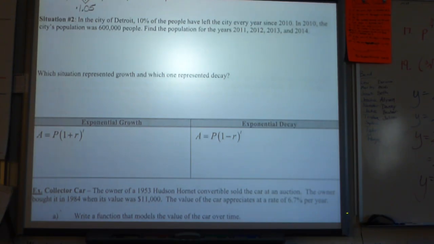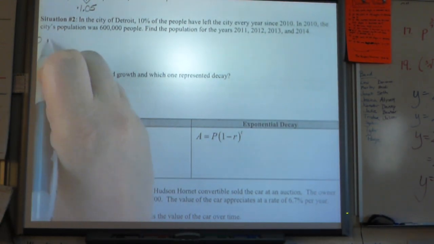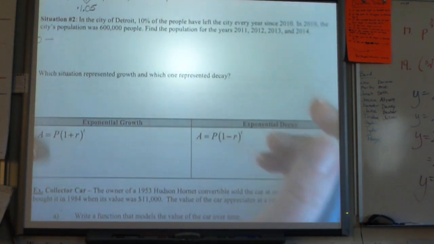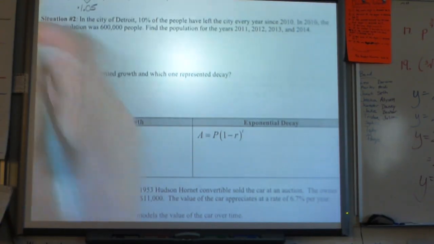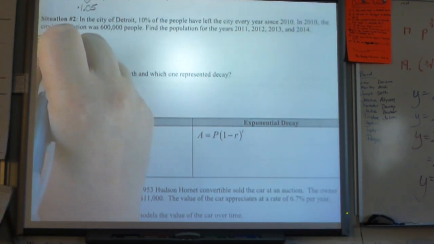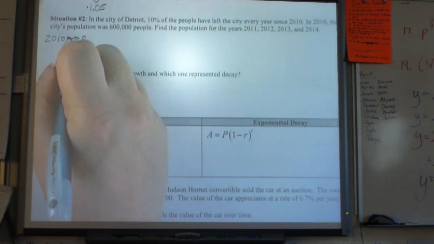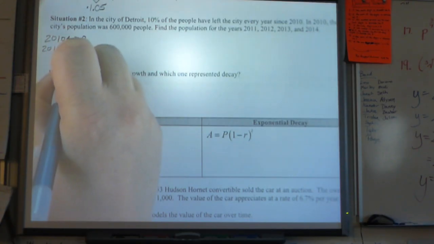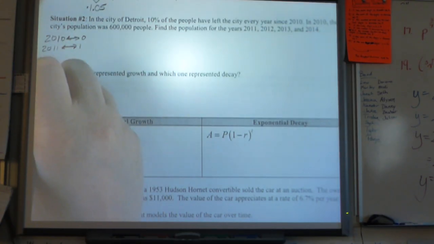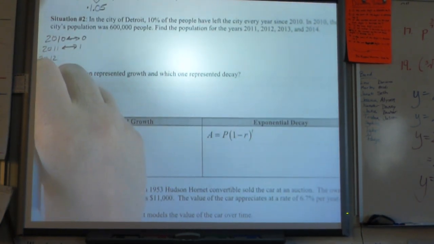All right, so the starting point is 2010. We're going to call that year 0 because that's our starting point. So 2010 corresponds with 0. 2011 will be 1 year, all the way up to 2014.